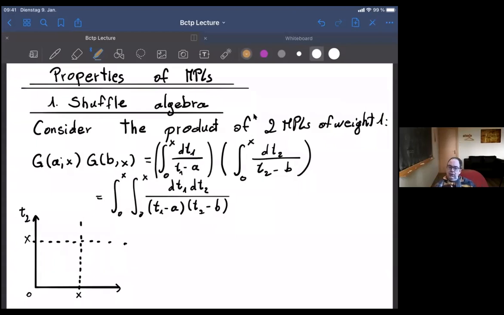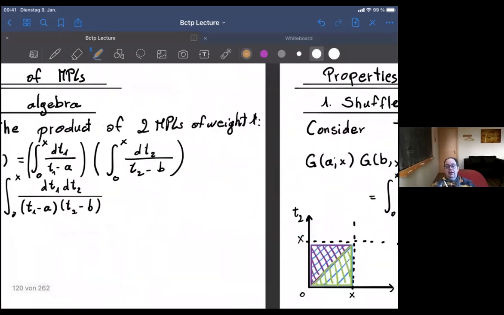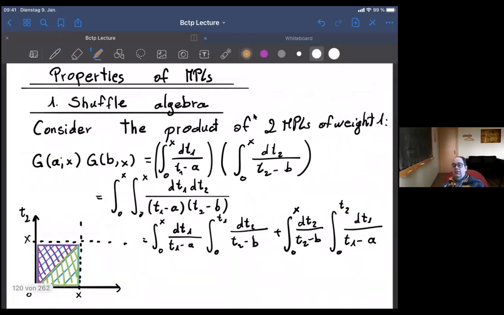But now let's do the following. So I did this square. Let's split the square along the diagonal. Okay, so I can write the square as a sum of two triangles, or rather, I can write the integral as a sum of two integrals over these two triangles.